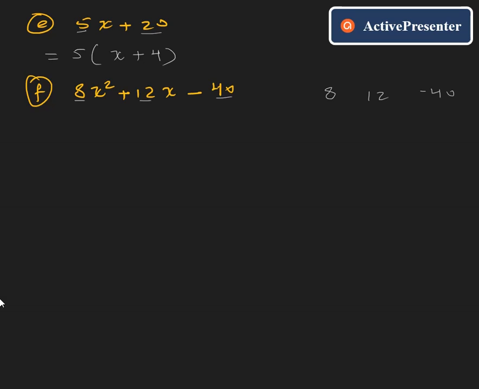The greatest that can divide them all, I say 4. Here we will have 2, here we will have 3, and here we will have minus 10. So 4 is the greatest that can divide them all. Then the answer here should be, if you factor it out, 2x squared plus 3x minus 10.